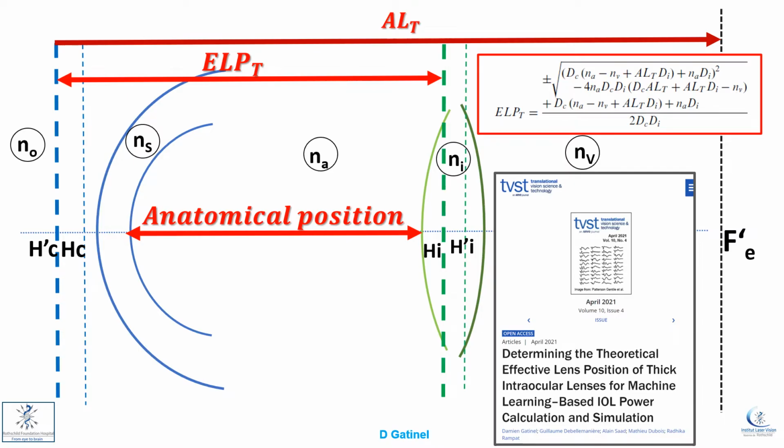We first establish the formulas that allow the position of the optical planes of a thick IOL to be back calculated from the pre-op biometric data, the postoperative outcomes, and the design characteristics of the IOLs. If we know the position of the theoretical planes and the design of the IOL, we can calculate the anatomical position of this IOL.